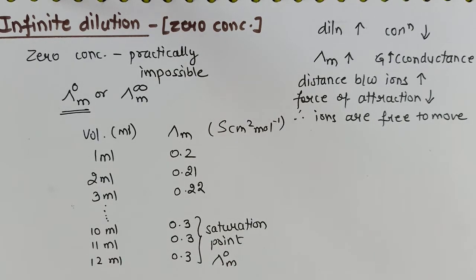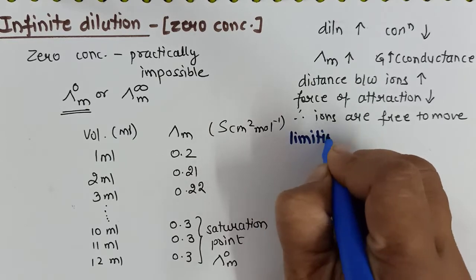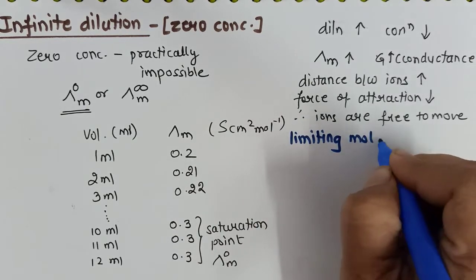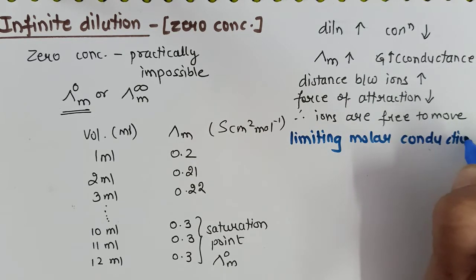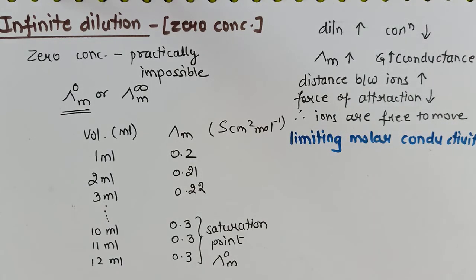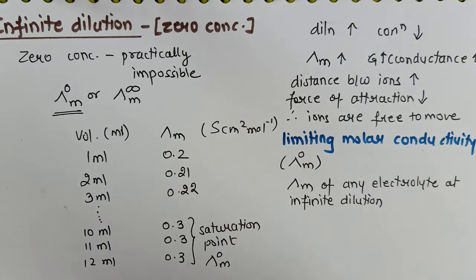So this molar conductivity will be given a new term, limiting molar conductivity. As I have already told you, limiting molar conductivity is shown by lambda m naught.